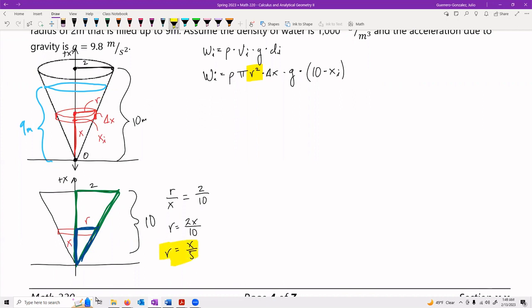This right here is what's going to be substituting in for my R squared up here. So now I have this as my expression: rho pi, that's going to be my xi in this case, over 5 squared, times delta x, times g, times the distance I need to move that ith disk, 10 minus xi.